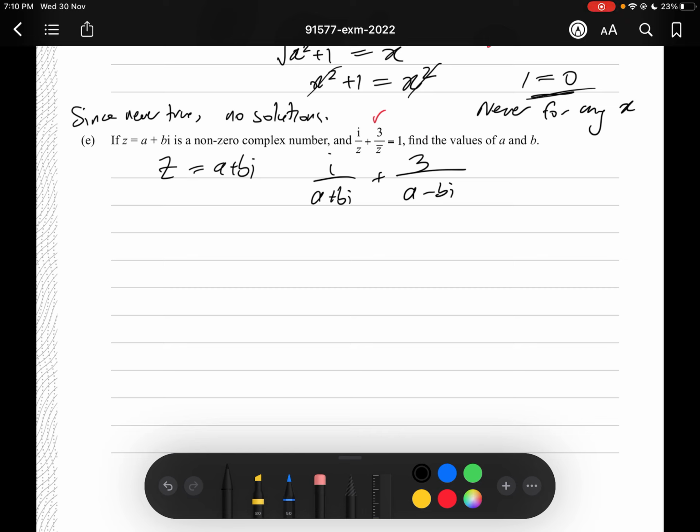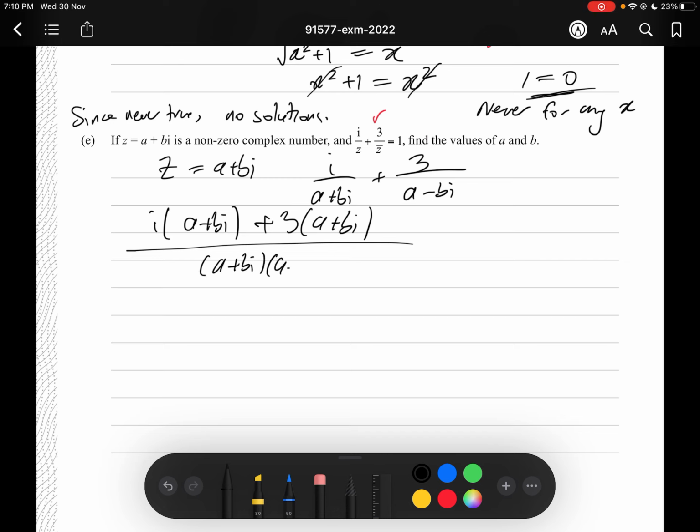So if you just multiply like this, so plus 3 times a plus bi over a plus bi, a minus bi. Notice that on the denominator, we already have the conjugate multiplied by z. So the good news is that it's already going to be a real denominator after we compute this fraction.